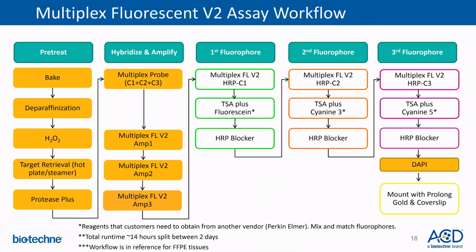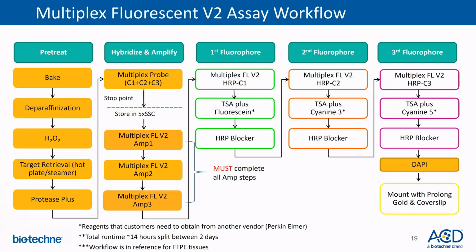Since the assay workflow length is longer for the V2 assay, it's advisable that it is split over 2 days. An ideal stopping point would be after you hybridize your probes. Post probe hybridization, you can store your slides in 5x saline sodium citrate buffer overnight at room temperature and begin the amplification steps the following day.